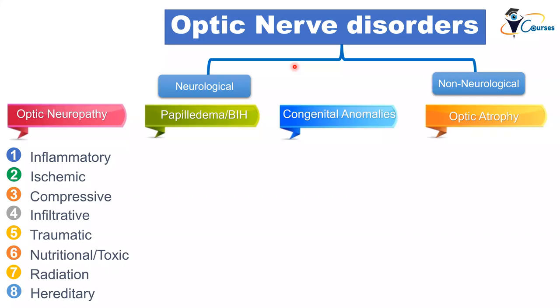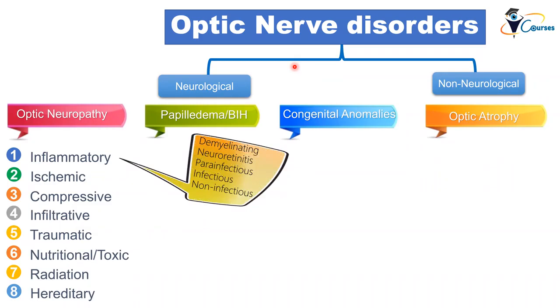There are important optic neuropathies that are further subdivided. Inflammatory can be demyelinating, which is the most common, neuroretinitis, para-infectious, infectious, or non-infectious. These are the inflammatory optic neuropathies.